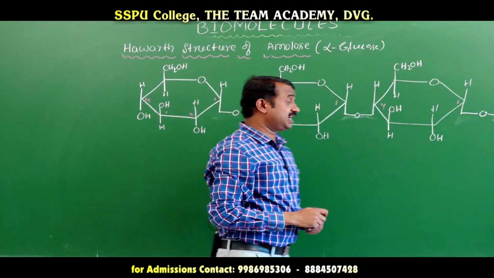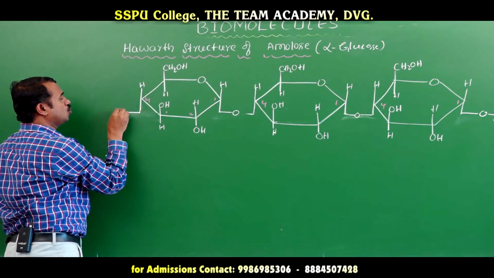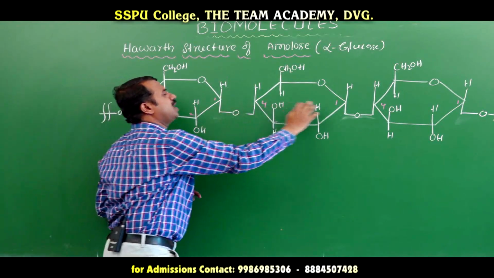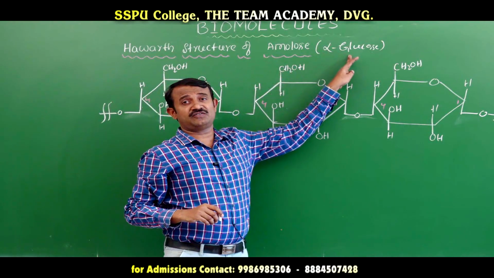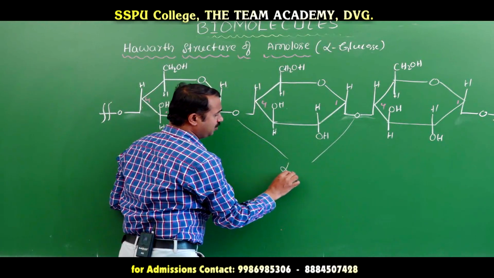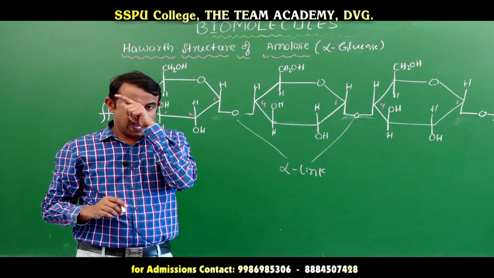N number of monosaccharides. Here also you have N number of alpha glucose. This is the structure of N number of monosaccharides. With elimination of water, the linkage is called which link? This is which glucose? Alpha glucose.